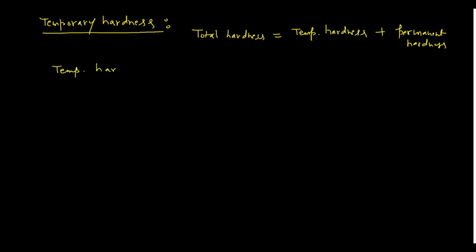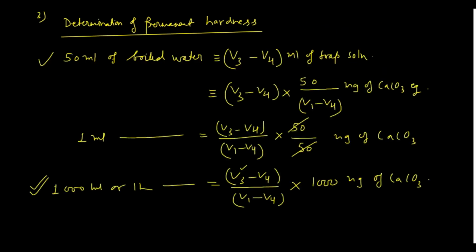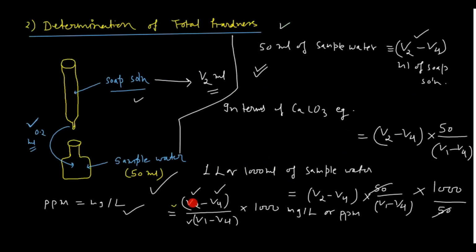Total hardness equals temporary hardness plus permanent hardness. So the expression for temporary hardness is total hardness minus permanent hardness. Please remember, for total hardness you have the expression V2 minus V4 over V1 minus V4 multiplied by 1000.